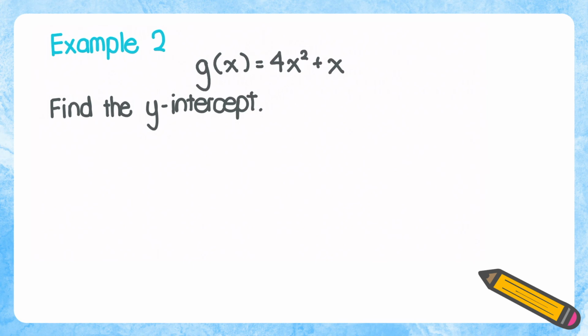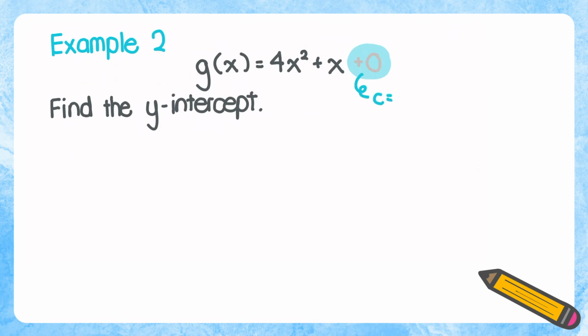Notice here we have g of x equals 4x squared plus x, and we want to find the y-intercept. But where is the c value? Notice it's empty here. Remember, whenever it's empty, there's a 0.